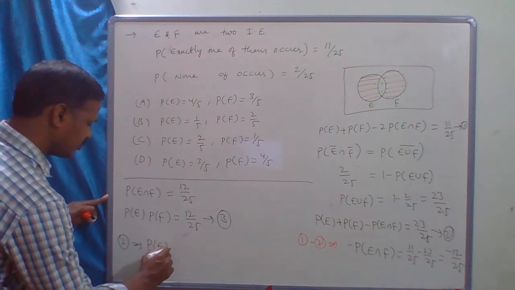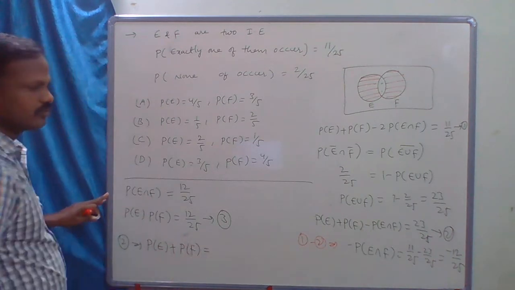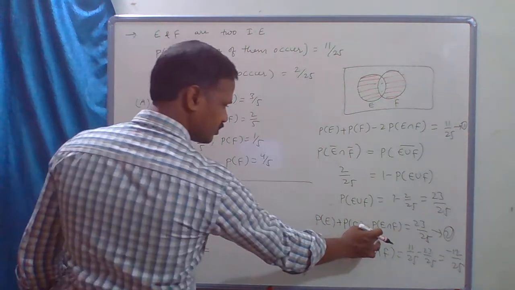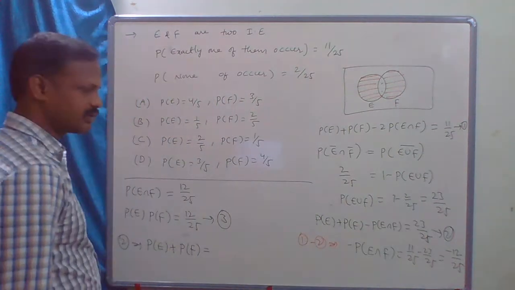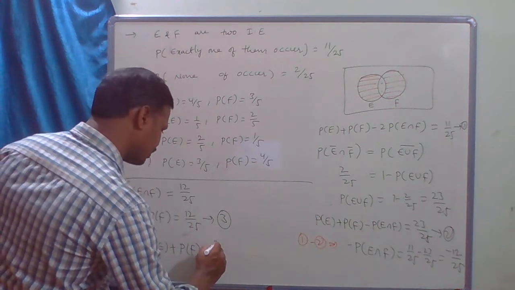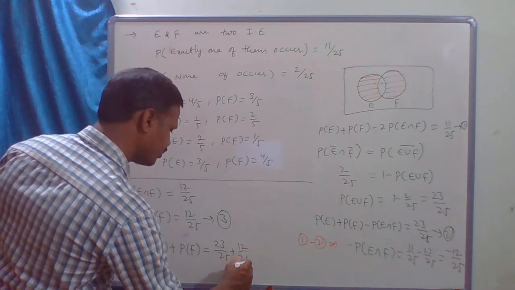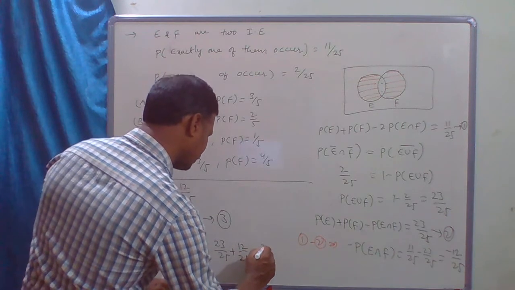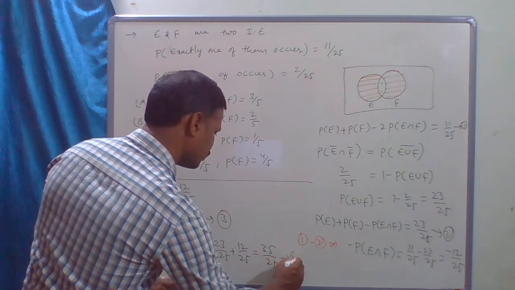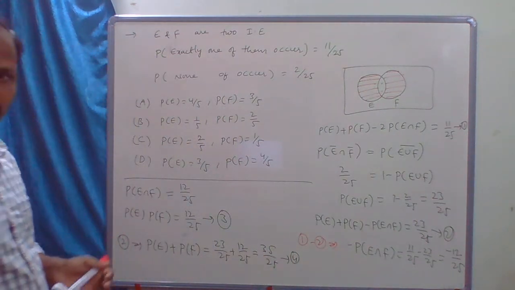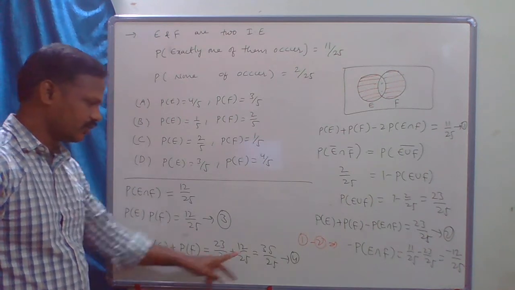Probability of E plus probability of F equals, because probability of E intersection F moves to the right side, 23 by 25 plus 12 by 25, which is equal to 35 by 25. This is equation number 4. Now see, A into B equals 12 by 25, A plus B equals 35 by 25.